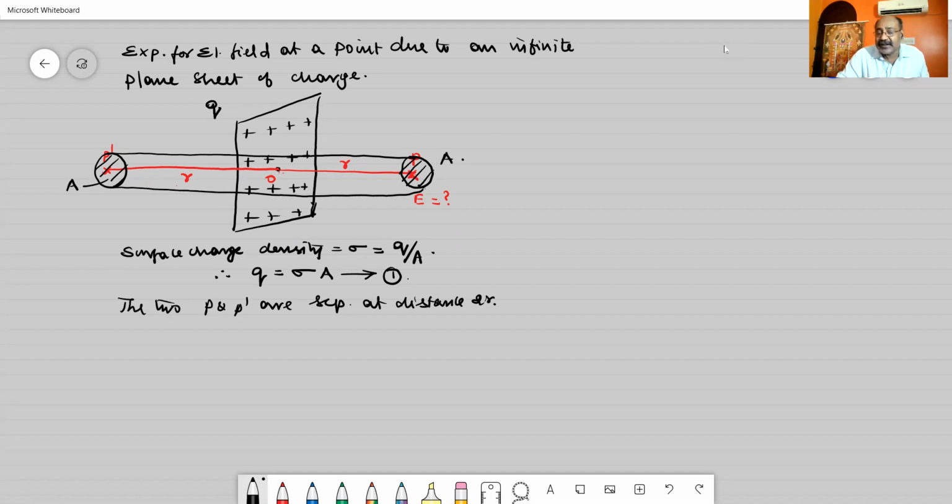So how have I chosen a Gaussian surface? I am writing like this.